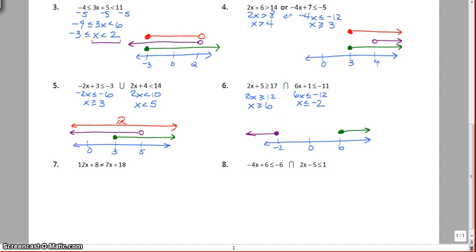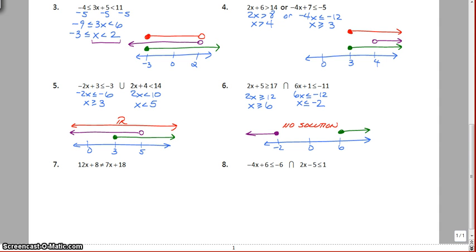And then we need to figure out which numbers are going to be true for both. Well, I ask you, can you think of any number that is both less than or equal to a negative 2 and greater than 6 at the same time? The answer is no, you can't. So if it's not possible, the answer is just no solution.